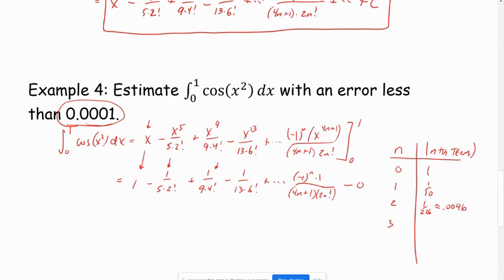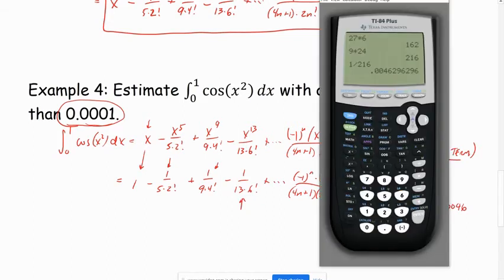So we'll go again. When n is 3, that would be this one. So 1 divided by 13 times 6 factorial.